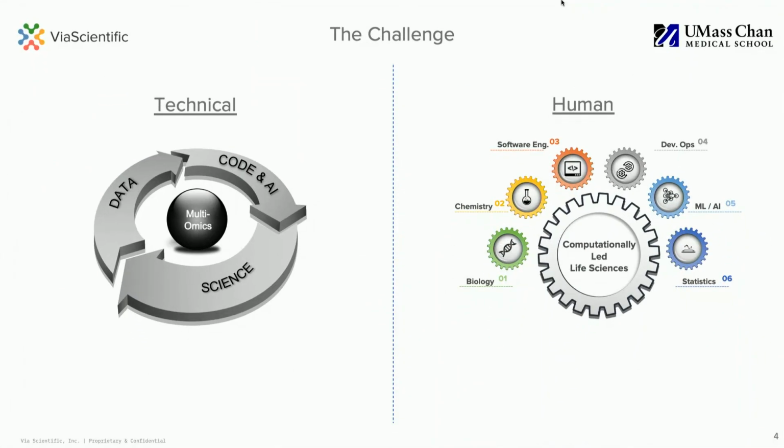So our problem was this. Data started accumulating in the labs at UMass, and we had to write a lot of code. And we were writing similar code to process the data for different types of analysis, like ChIP-seq, RNA-seq, or single-cell RNA-seq, or anything we do.